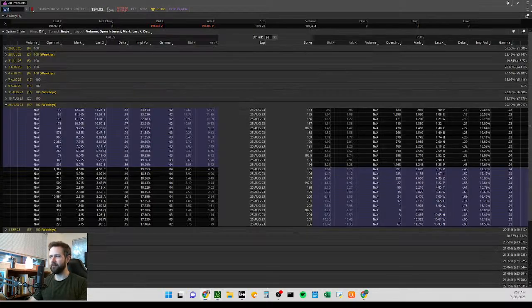So maybe you don't want to use live data when the market's not open, because when the market's not open, it's illiquid. An illiquid market gets mispriced and miscalculated.